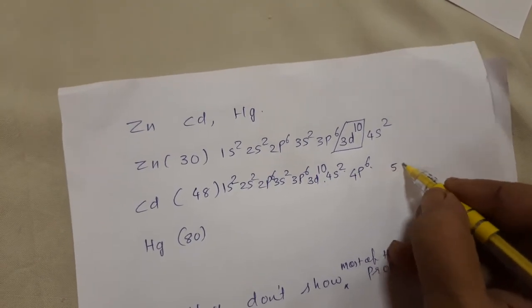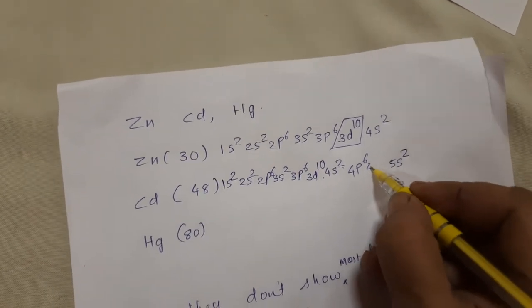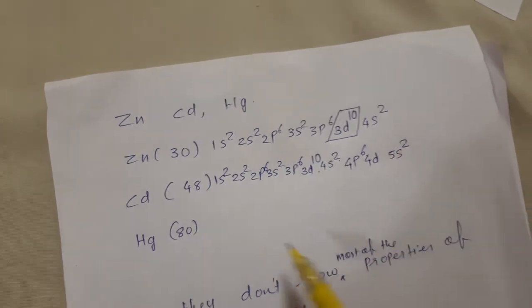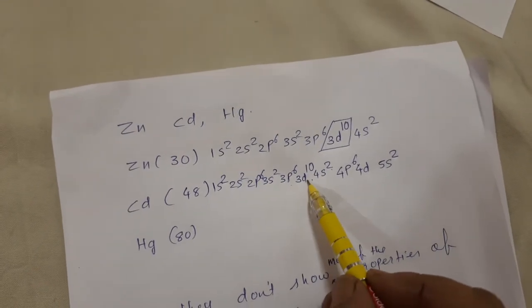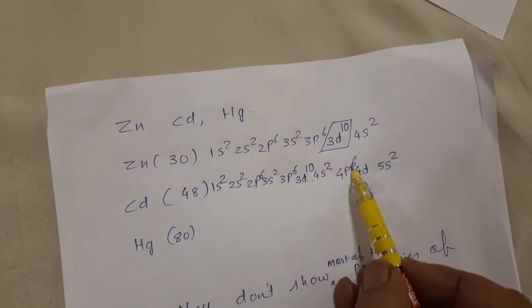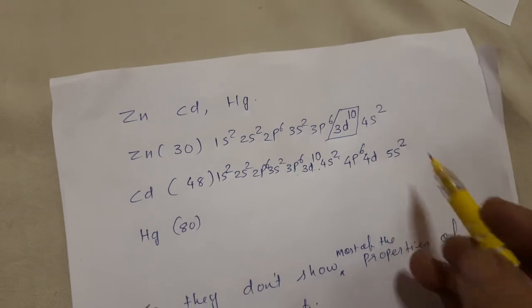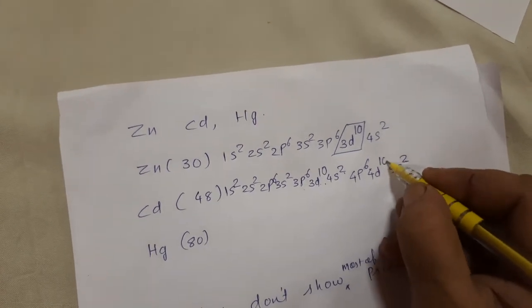So we will go for 5s2. What is left here? 4d. Look carefully. 18 and 10, 28 and 2, 30, 36, 36 and 2, 38. How many are left? 10. We have to write 48. So 4d10.